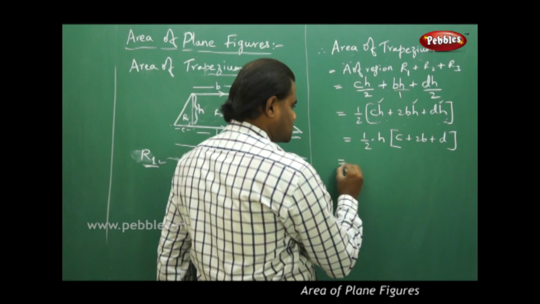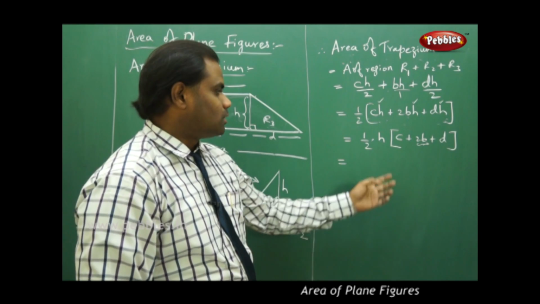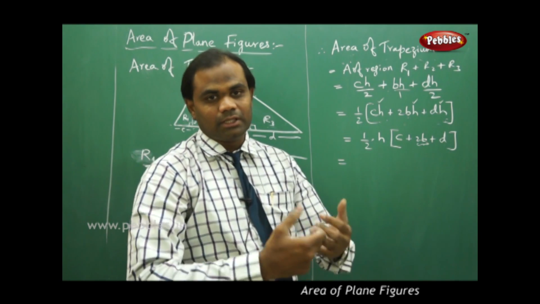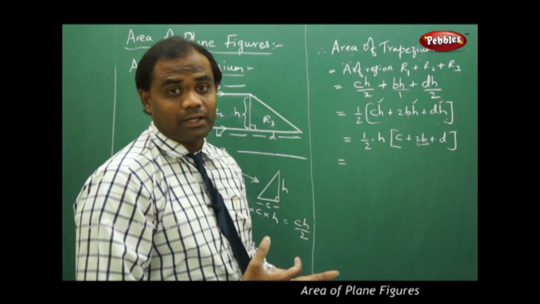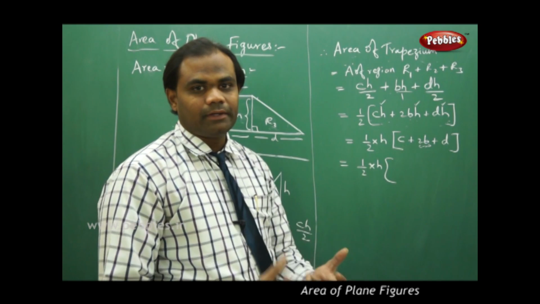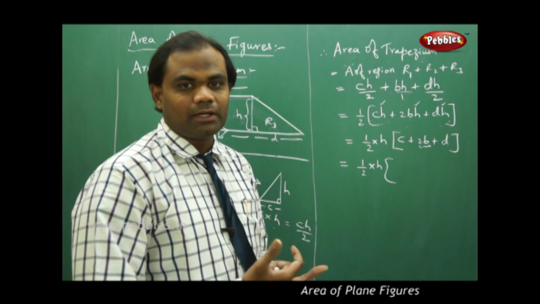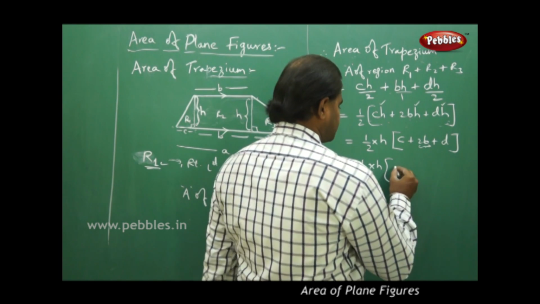Then what I do is split this 2B into B plus B, because I need to identify A by splitting B into two different terms. So taking 2B as B plus B, let's see how A is generated from the given dimensions.